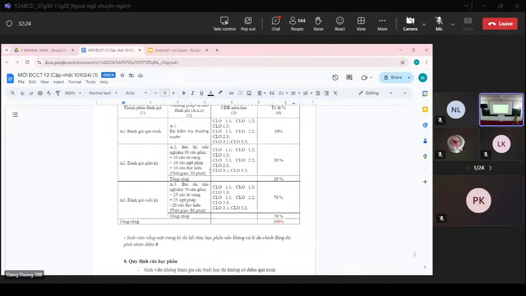This is the format. We keep the same evaluation. 10% for today's test for my class A. And the next time you see me, you will take another test, which accounts for 20%, including 10 vocabulary, 10 grammar, and 10 reading comprehensions.